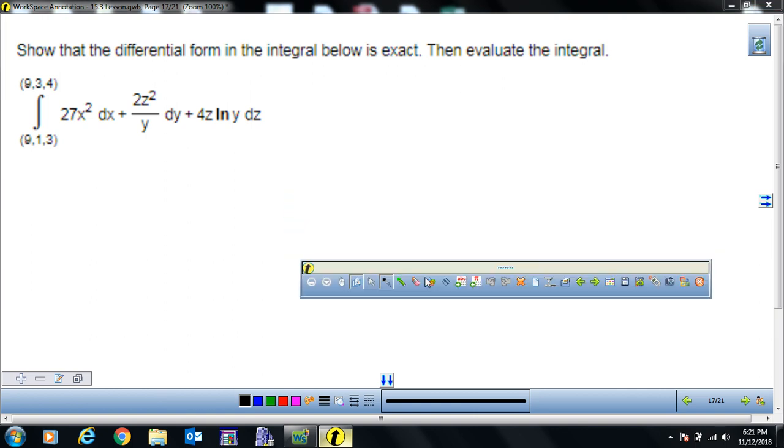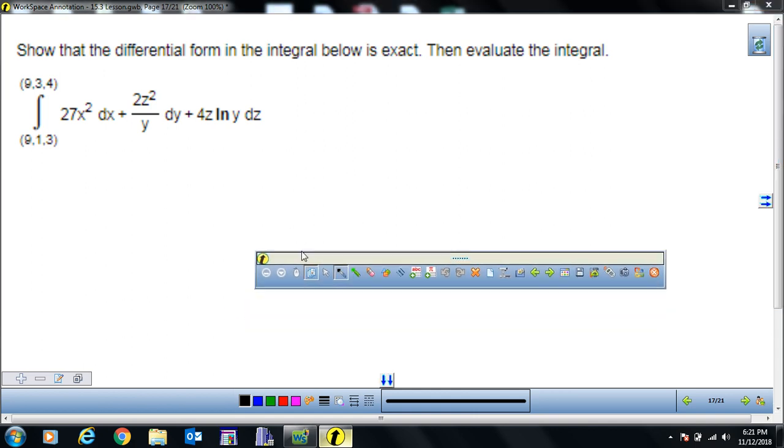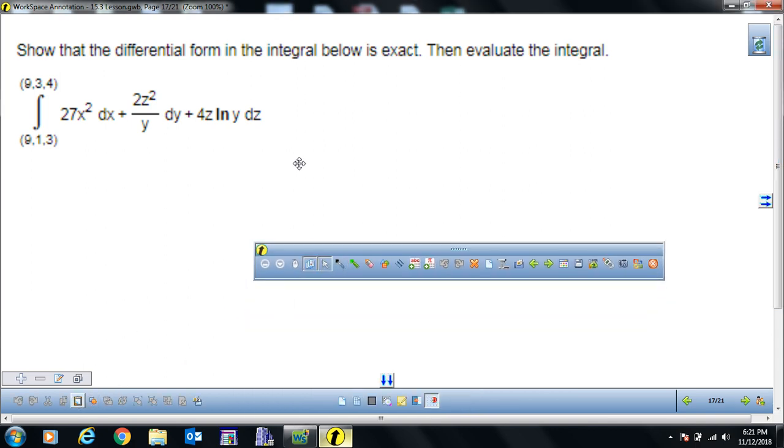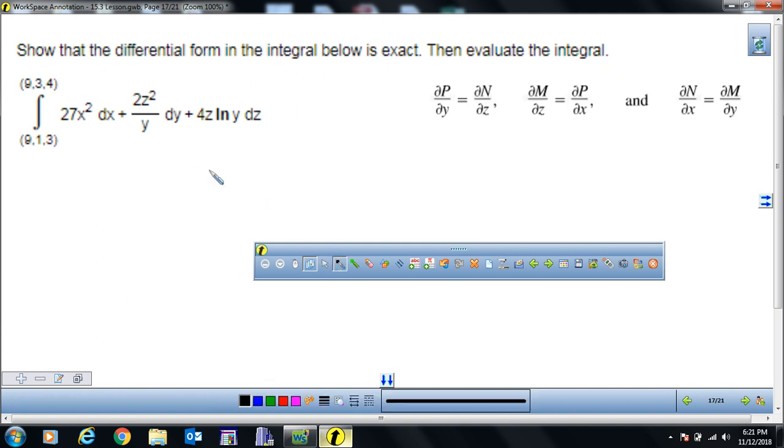Okay, so show that the differential form below is exact, then evaluate the integral. Okay, let's test it out to see if it is exact. We need what's called a vector field first from this differential.